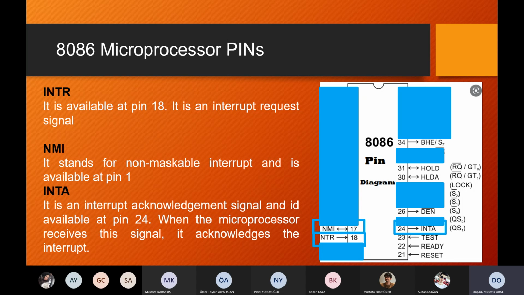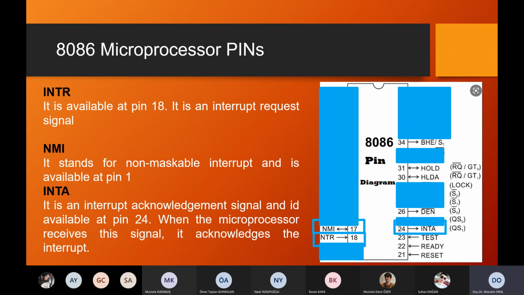So the temperature sensor will be connected to pin number 17 of the 8086 microprocessor, and whenever the temperature reaches a certain point that is hazardous to the computer itself, the microprocessor starts a new program that is softwarely shutting down all operations and shutting down the computer.